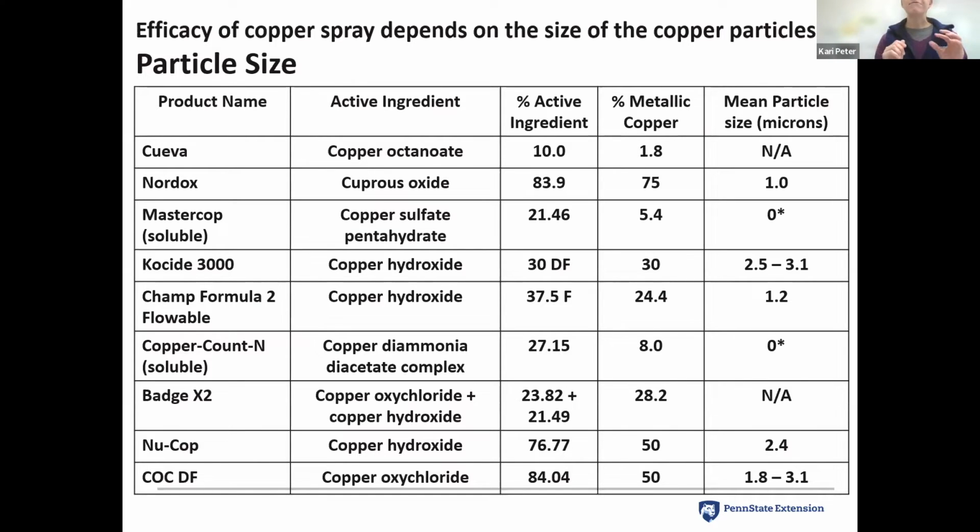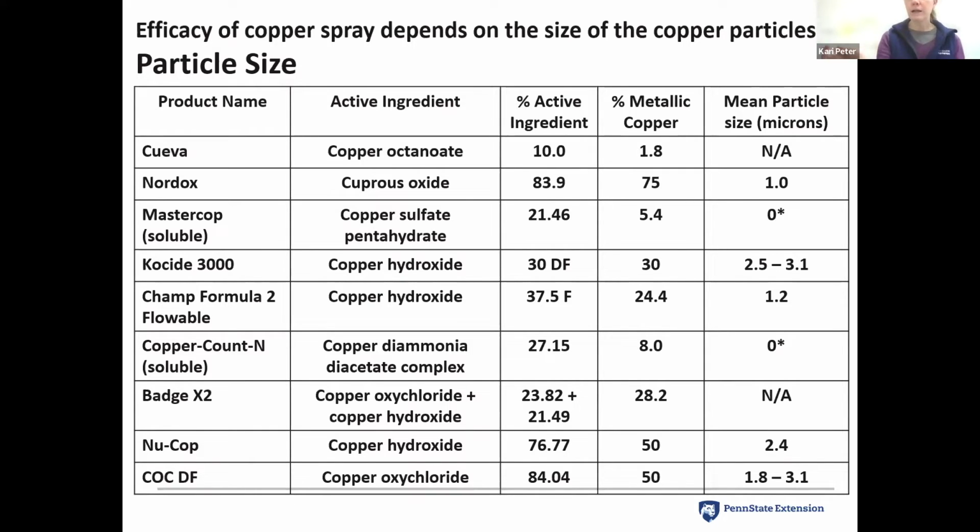And when they talk about particle size for Master Cop and Magnabond, they're talking about the granule size of the product itself, because it looks like a bluestone material that you add water to and it becomes soluble. Although in these cases, I believe these are already liquid. The starting material, the granule, is a certain size, but that's not what they're talking about. They're actually talking about the particle that is part of that fixed copper solution, and how big it is.